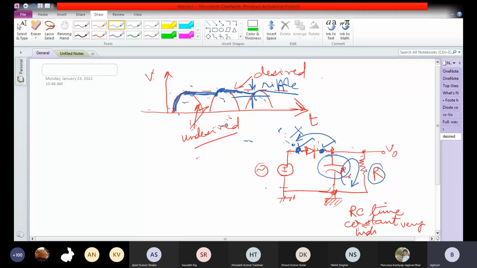We wanted this voltage, but we got something like this. This is ideal, this is what we want, this is what we got. So the difference, the lower the ripple, the better my circuit. So this is the ripple voltage.